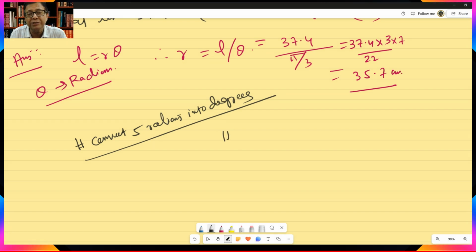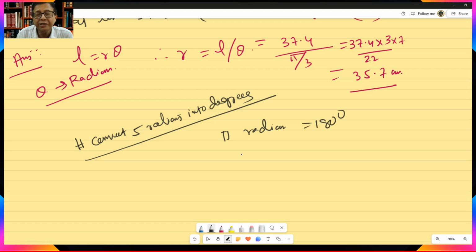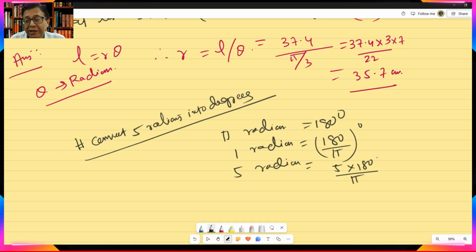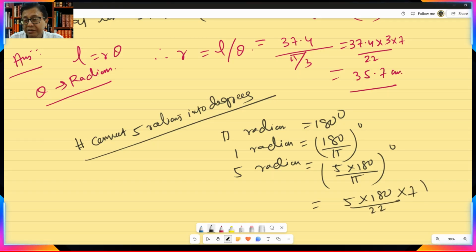Pi radian is how much? 180 degrees. Then 1 radian is how much? 180 by pi degrees. So 5 radian is how much? 5 into 180 by pi degrees. Isn't it? Just go for simplifying it. 5 into 180 by 22 by 7, this many degrees.